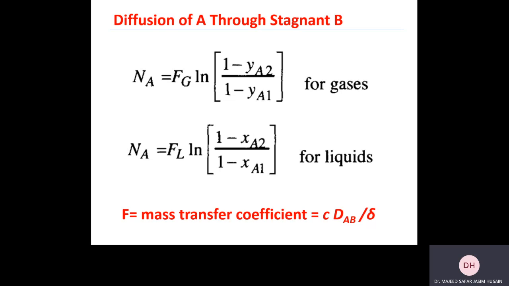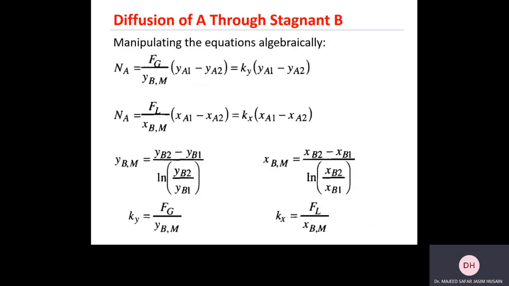Another thing we should be careful about: this is correct when it is a dilute concentration, not a concentrated solution. If it is dilute, then we are using the F. If we want it to become more concentrated, then we have to use the small k. So that means the mass transfer coefficient. We can now rewrite the equation in terms of flux. So N_A as a flux is equal to F_G over y_BM multiplied by the change in mole fraction.